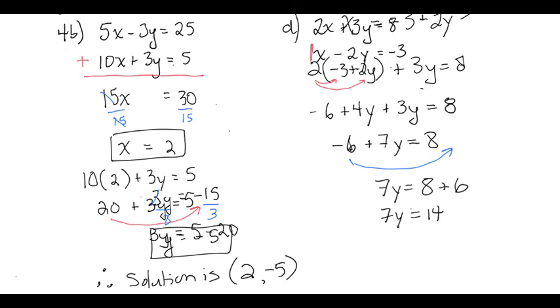And in isolating, I'm going to divide both sides by 7. And I have y equals 2. So I know what y equals, and I've already found what x is, so to speak.